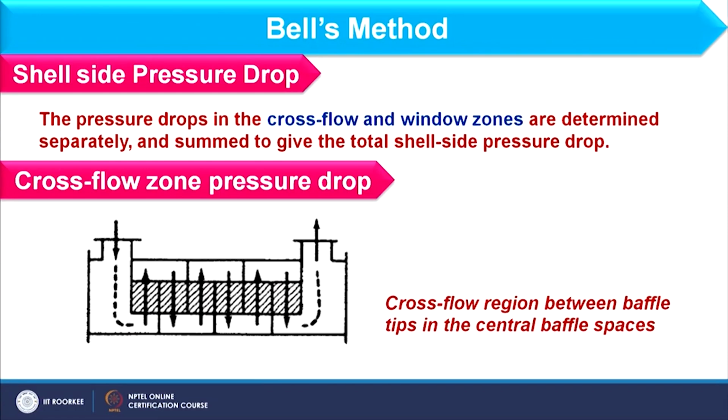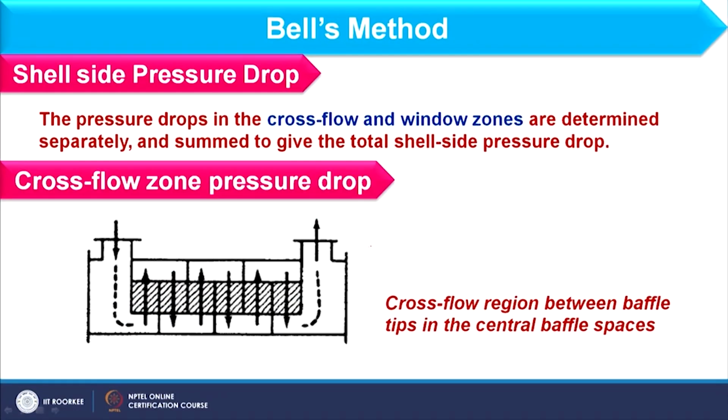So, the pressure drops will be calculated in these two regions individually, and then according to the number of these regions we will add pressure drop, and then we will find out total shell side pressure drop. First of all we will focus on cross flow zone, and we will discuss empirical correlations to find out pressure drop in cross flow zone. But first we should understand what is cross flow.